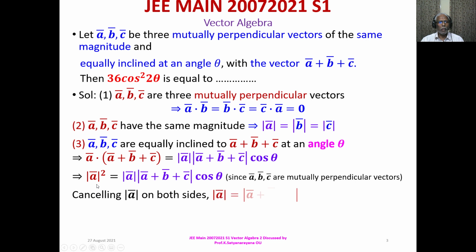We get mod A is equal to mod of A bar plus B bar plus C bar into cos theta. That is equation 1, which you have to remember. Carry forward this in the next slide.